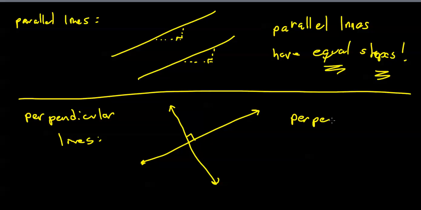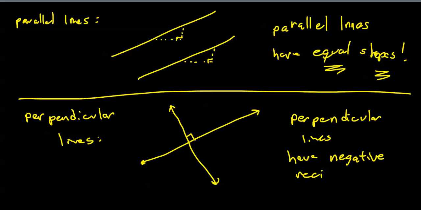The author does prove it in the text. I'll leave that reading for you. Perpendicular lines have what we refer to as negative reciprocal slopes. That means negative and reciprocal.